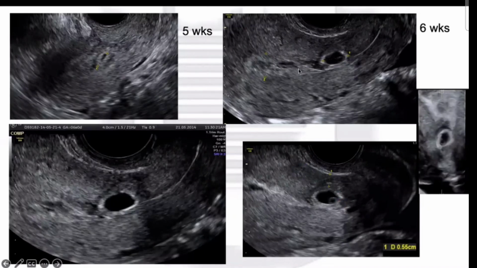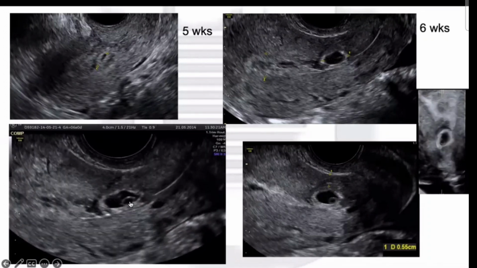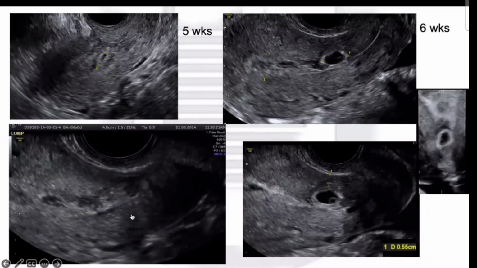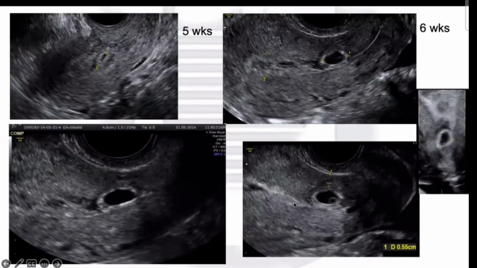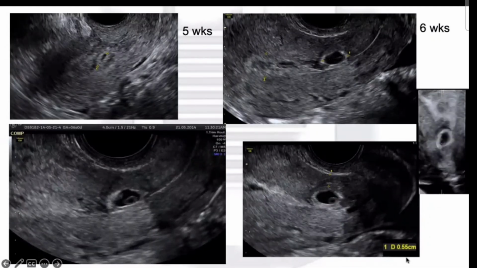And then we were sure it was a scar pregnancy because the uterine cavity was empty and the pregnancy was not in the cervix. And you can see here the yolk sac. It was very early, so you don't see the embryo. And we also measured the thickness, which was quite good.